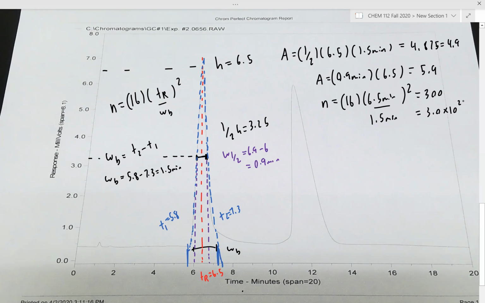Gas chromatography columns are incredibly efficient at separating compounds, and as a result have a relatively large number of theoretical plates.